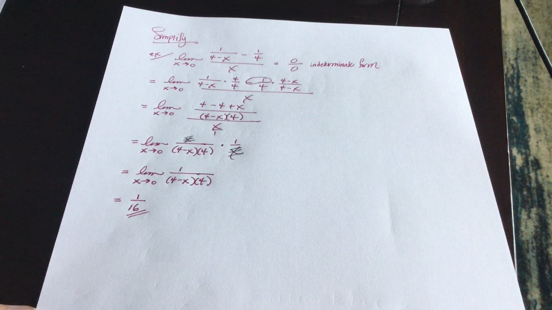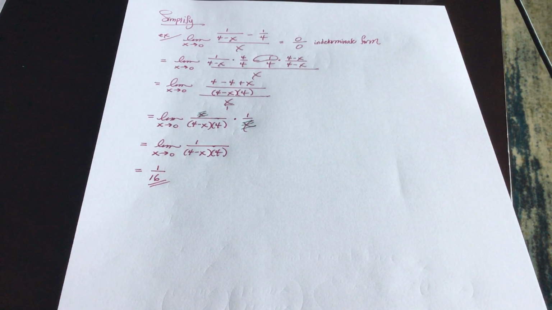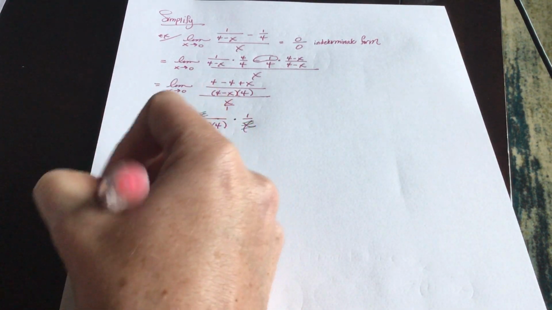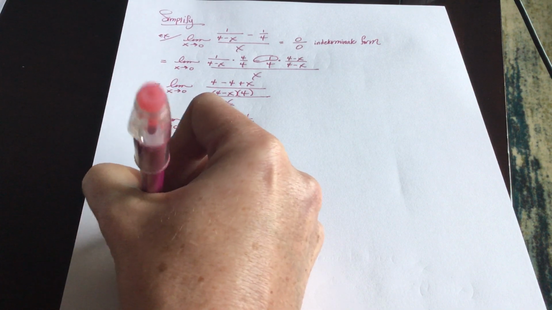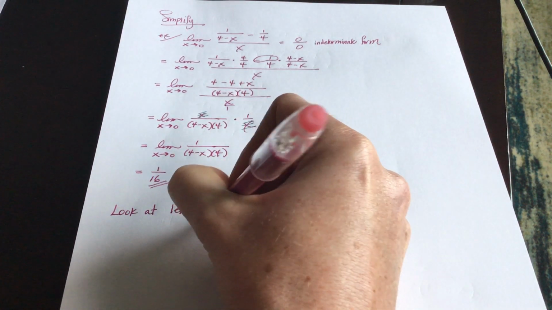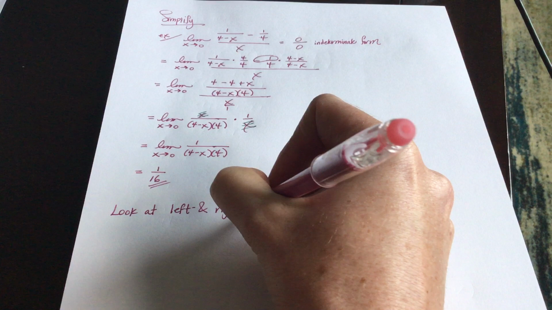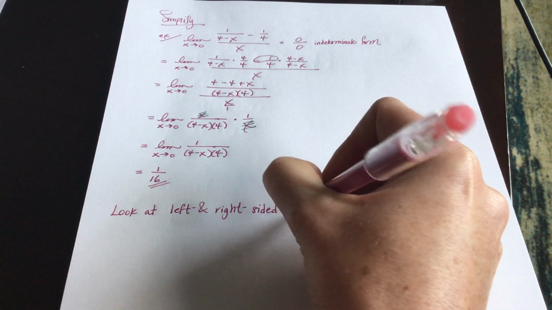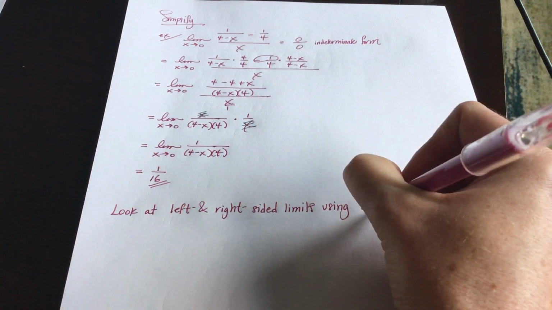Last method. I try to do these in order of things you should always consider when you look at a limit problem. So the last method is to look at left- and right-sided limits using a graph or a t-table.